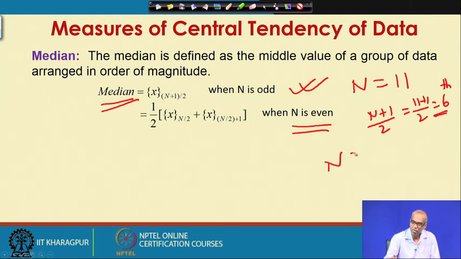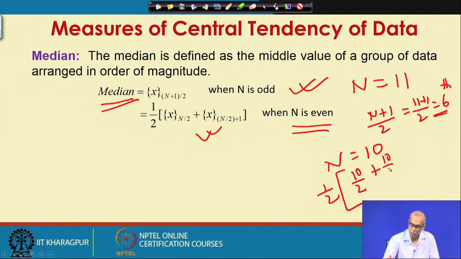If n is 10, it is even, so we said that it has to be the average of 5 and 6. So, half of n by 2, 10 by 2, plus 10 by 2 plus 1.